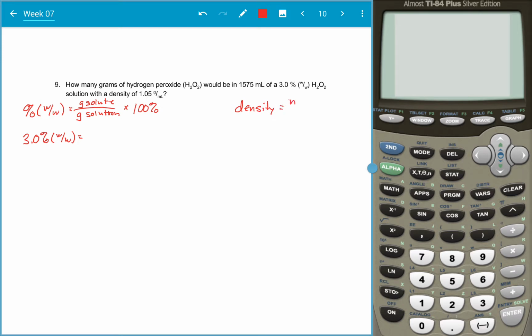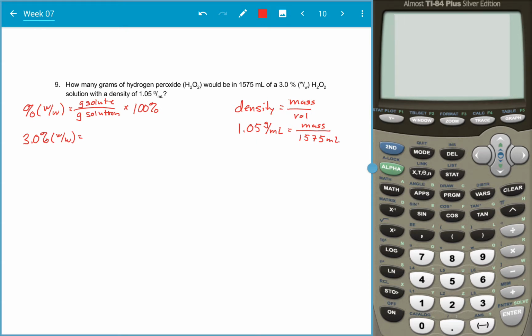So if I use my density equation, density equals mass divided by volume, I can plug my density of 1.05 grams per milliliter equals mass divided by 1,575 milliliters.